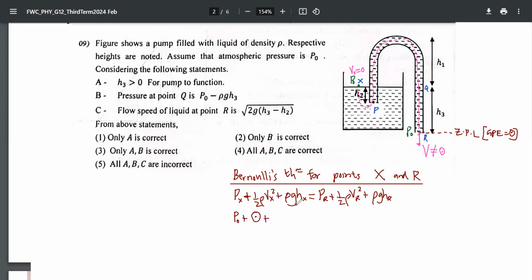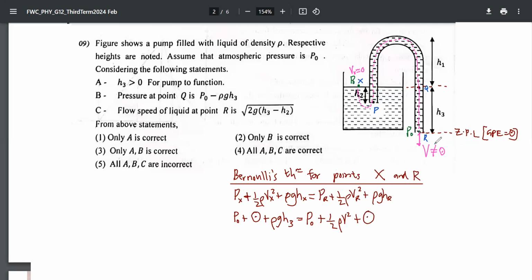And what is the height of point X? Careful. H3. Rho g H3 from the zero potential level, equal to Pr, P naught, atmospheric pressure, plus half rho V squared, where V is the velocity at point R. What about rho g hr? 0. That is the zero potential level.